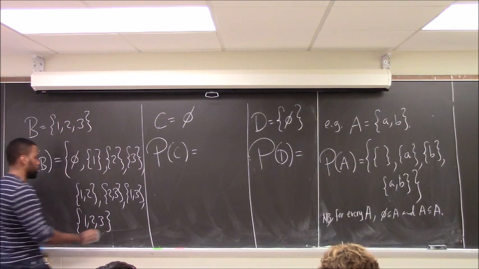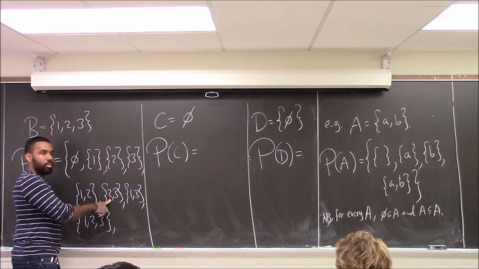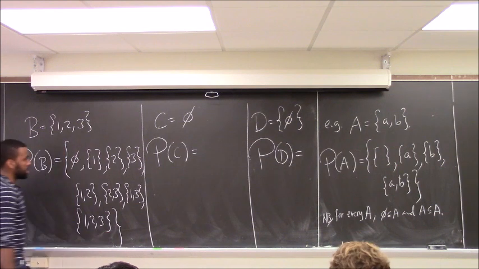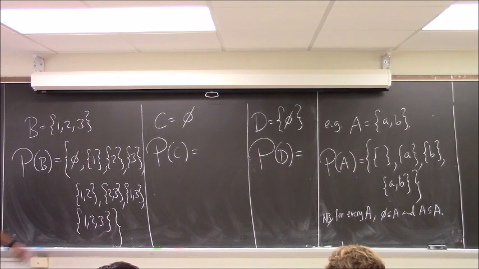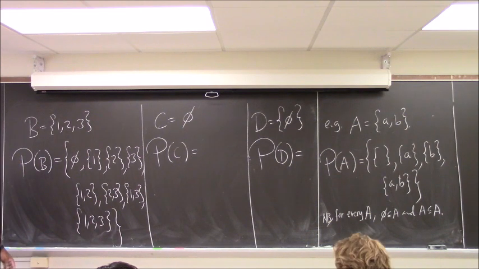Well, we're missing 3 and 2, right? The set containing 3 and 2? Right, repeats are not allowed. The order doesn't matter. So how many do we have here? 1, 2, 3, 4, 5, 6, 7, 8. There are 8 total subsets of this set.